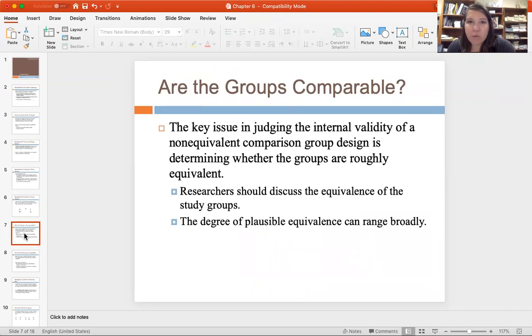One of the things you really want to ask yourself with quasi-experimental designs is, are the groups comparable? The key issue in judging the internal validity of a non-equivalent comparison group is whether or not the groups are roughly equivalent. So you want to discuss the equivalency of the study groups, and the degree of plausible equivalence can range broadly. Again, you want to try and find two groups that are as comparable as possible.